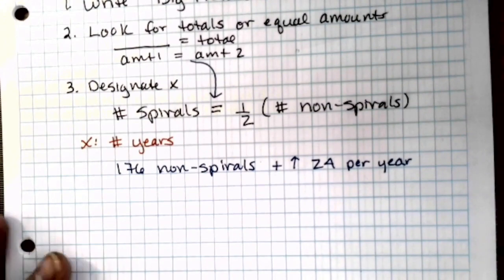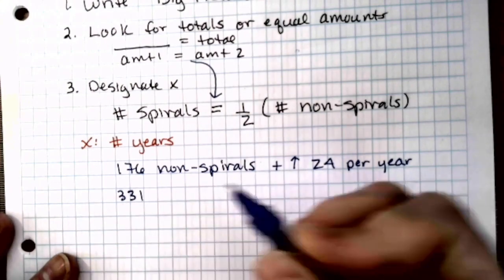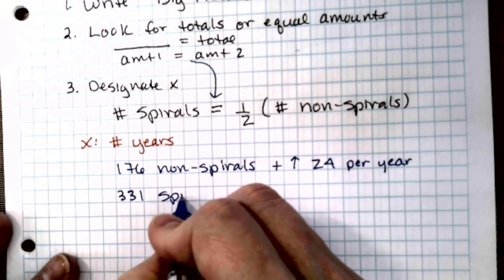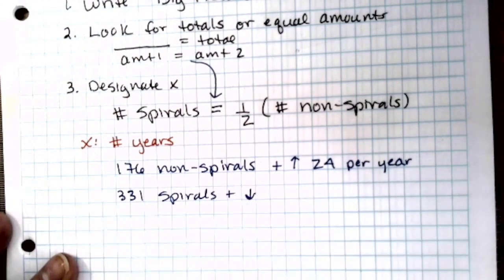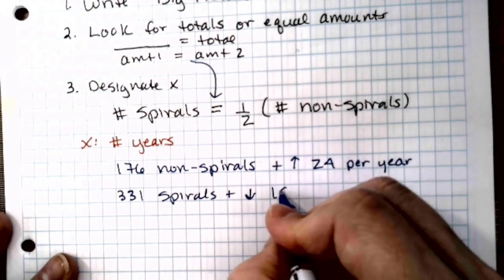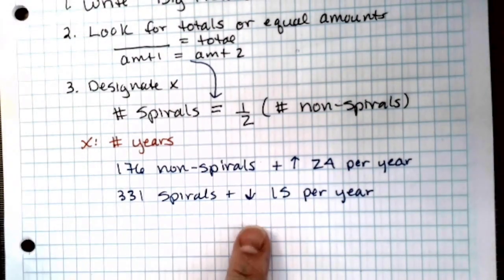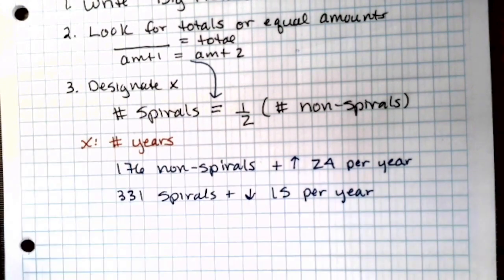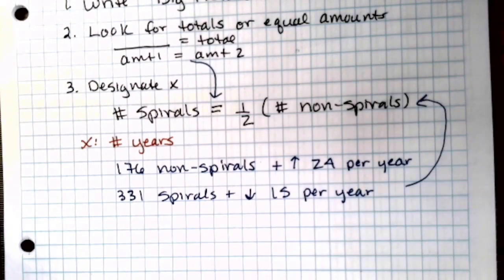Then the spirals start at 331. So these are the spirals. And this number is actually decreasing at a rate of 15 per year. So even though you start with more spirals, you're actually losing numbers, which is why eventually they will have this relationship.